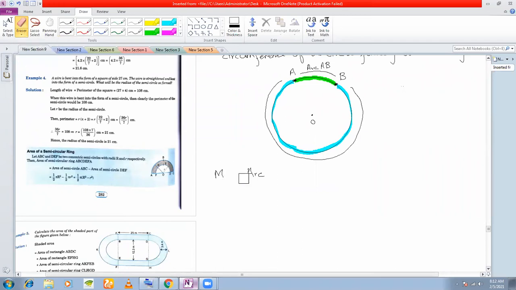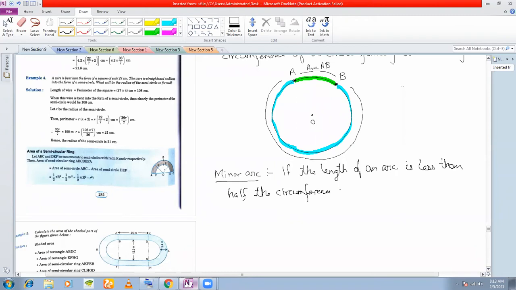Let's first define minor arc. If the length of an arc is less than half the circumference of the circle, then it is called a minor arc.